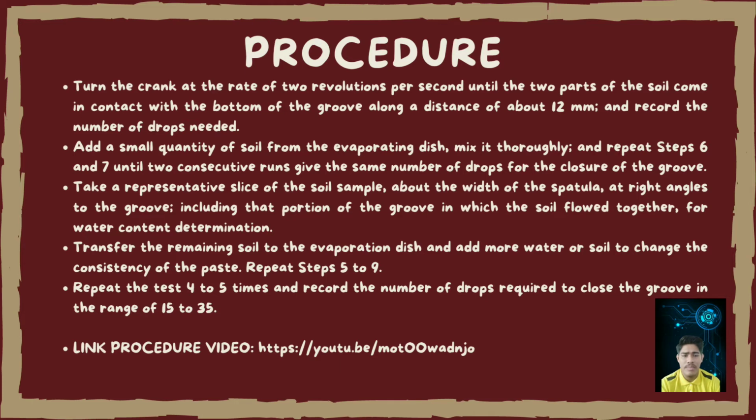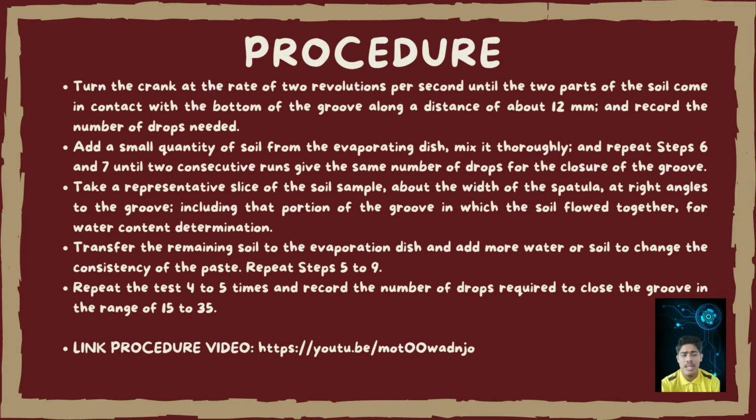and record the number of drops needed. Add a small quantity of soil from the evaporating dish, mix it thoroughly, and repeat step 6 until step 7 until 2 consecutive runs with the same number of drops for the closure of the groove.